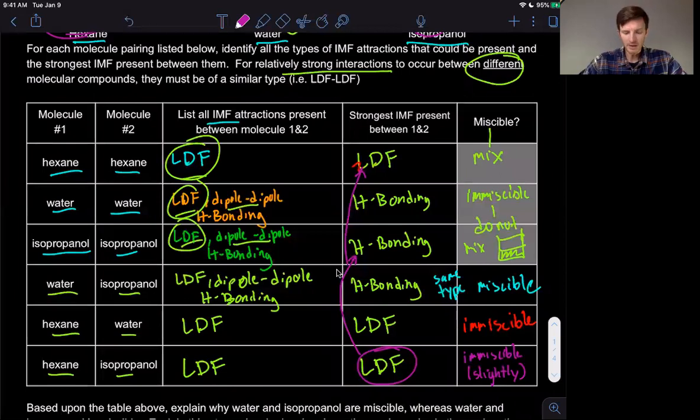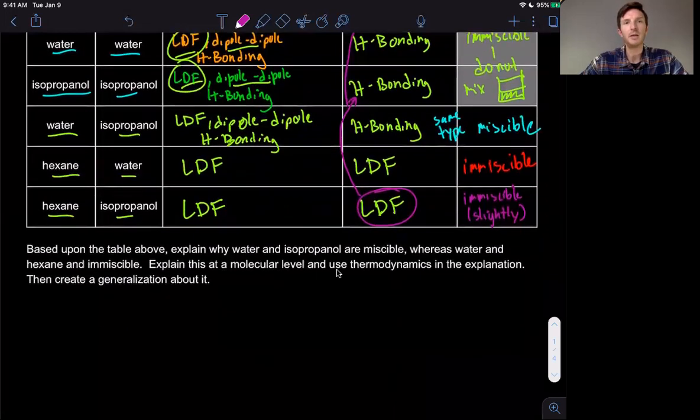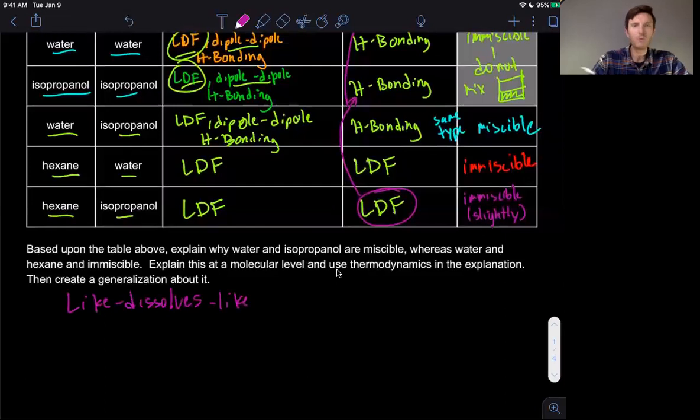And so if we want to generalize this idea of what causes certain substances to mix or not to mix, that brings us to this very familiar phrasing: like dissolves like. Now, what do we mean by that?